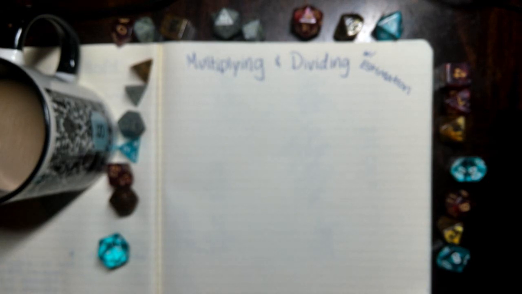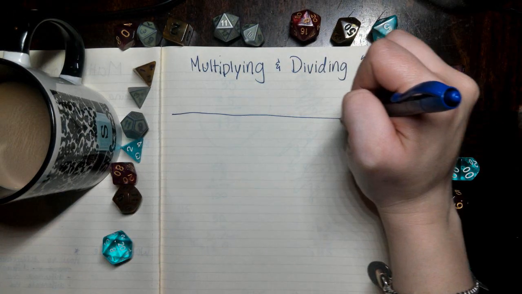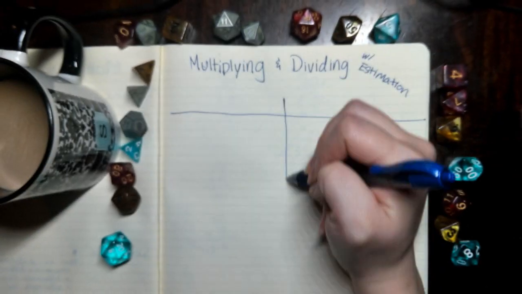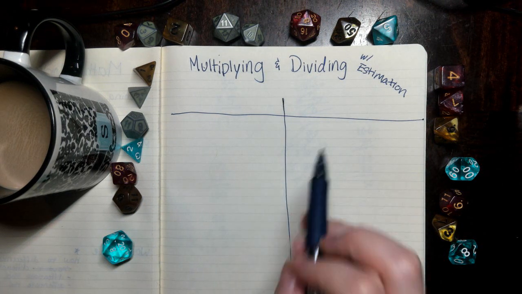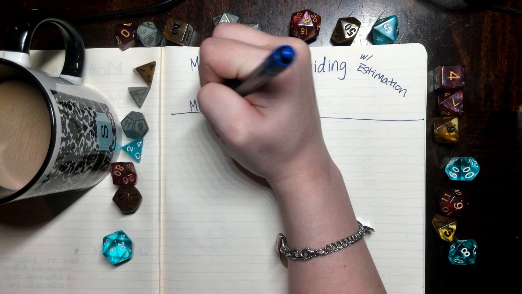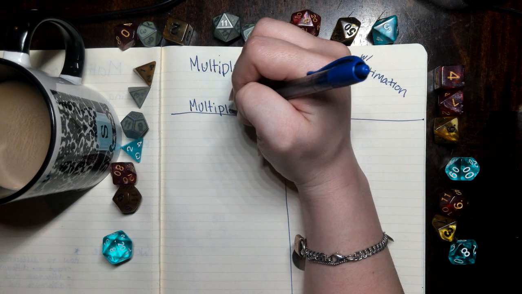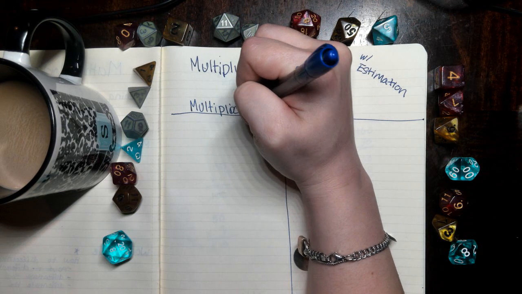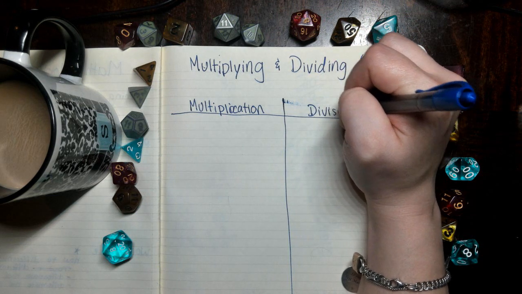So we can go ahead and divide our page kind of into first a T-chart. It's not going to be the best looking T-chart, but it'll do. We're going to title one side multiplication, and the other side division.